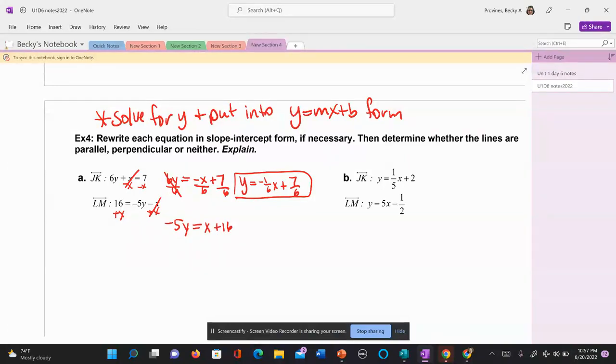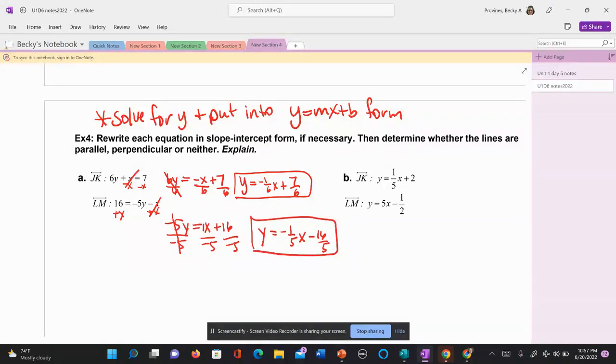I just kind of flipped it around because I like the y on the left. Then I'm going to divide every single part by negative 5. Okay. Now, remember, there's an invisible 1 here. So this is a negative 1/5 x minus 16 over 5.